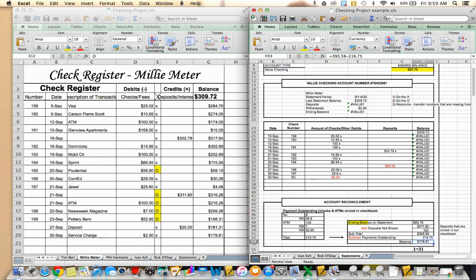I just transferred this number here, I wrote it over here, and then I did the math again, 395.56 minus 216.75. So what you need to do is look at these two numbers, 178.81, 178.81. Do we balance? Yes, we do. So now we know our checkbook is totally updated, and we know the bank didn't make a mistake in anything, and you have just reconciled.